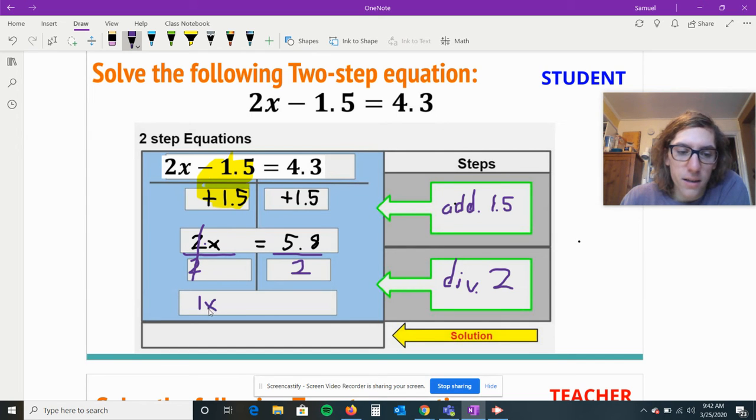So now we have 1x is equal to 5.8 divided by 2. Okay, if we think about half of 5, that's going to be 2.5, right? And half of 0.8 is going to be 0.4. So that's going to be 2.9.